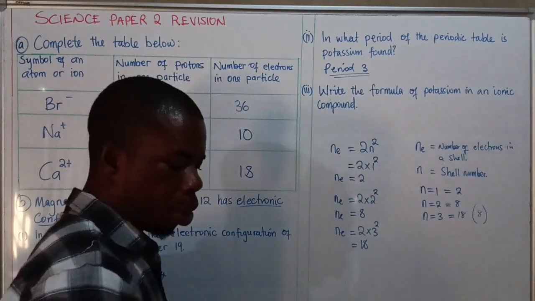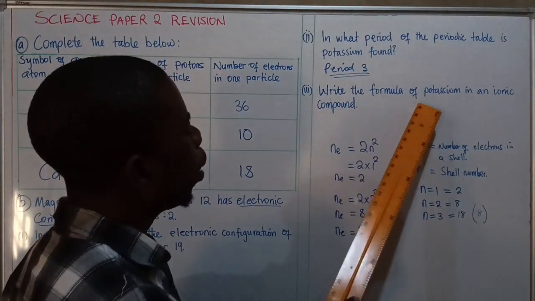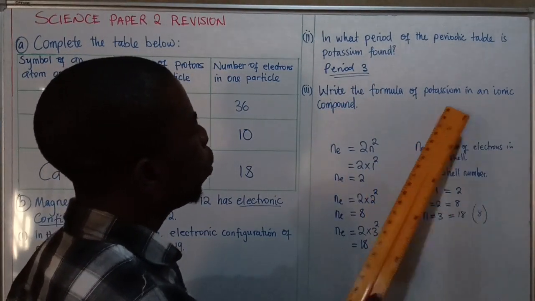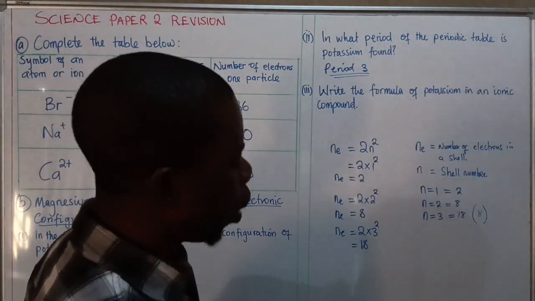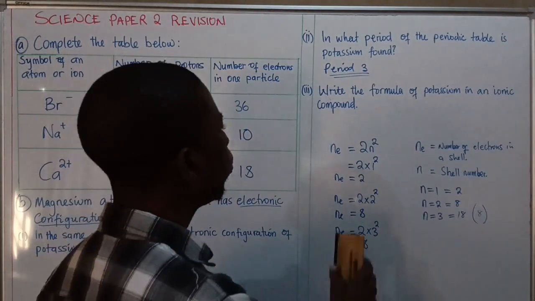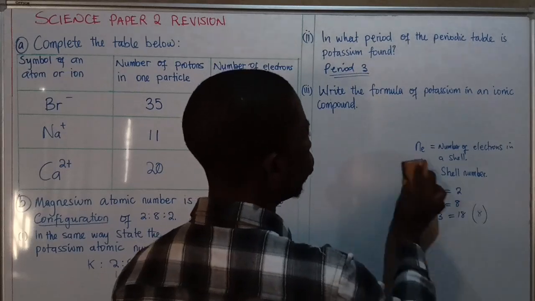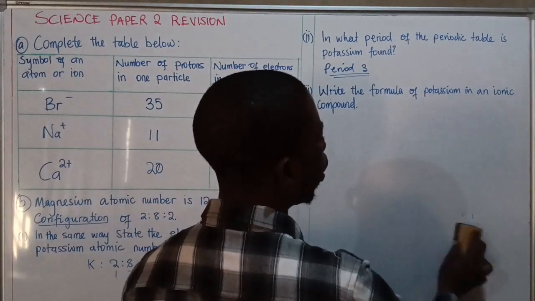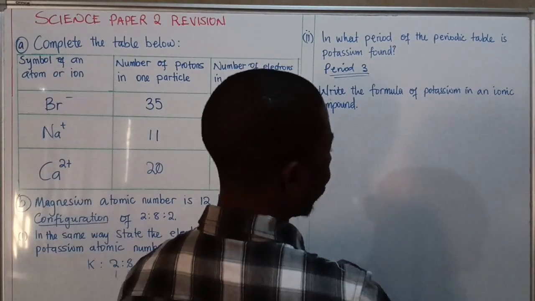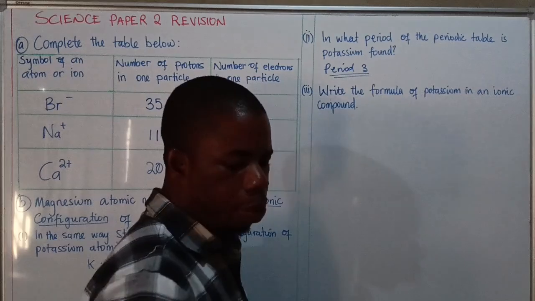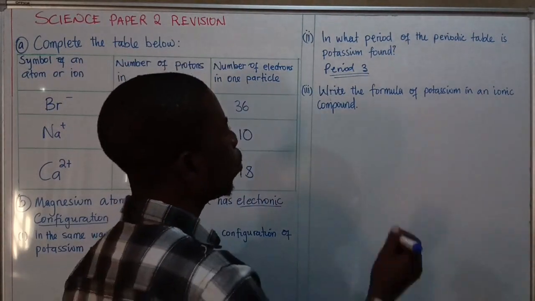Then part 3 says, write the formula of potassium in an ionic compound. In chemistry, it is also very important to know the formula. A formula in chemistry, in terms of a compound, is just the symbol.